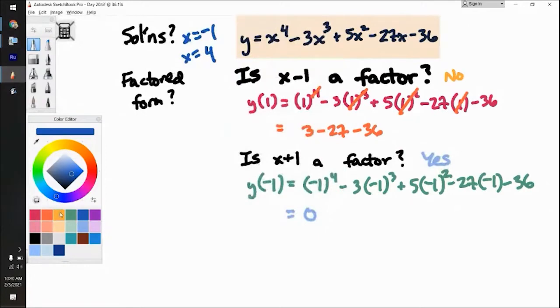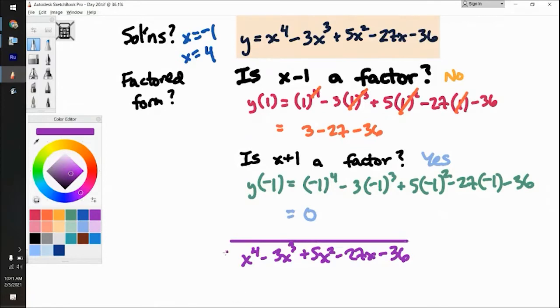So now what we're going to do is take our y, or x to the 4th minus 3x cubed plus 5x squared minus 27x minus 36, and we're going to divide it by our 2 factors.